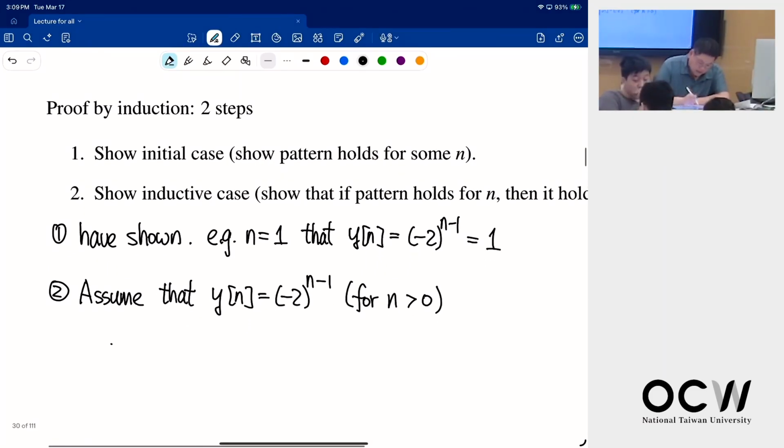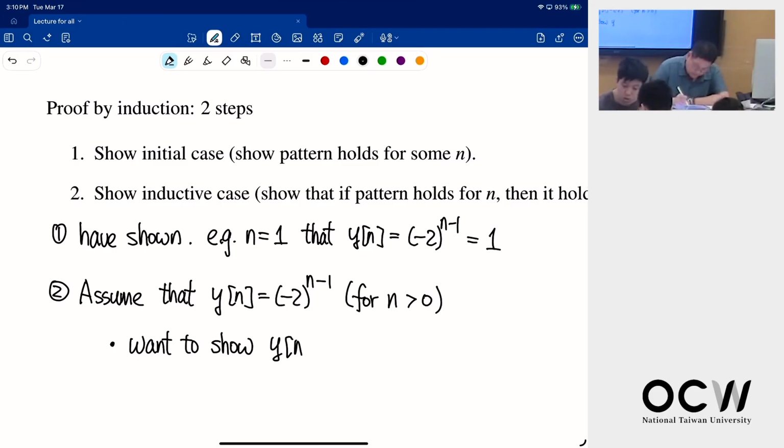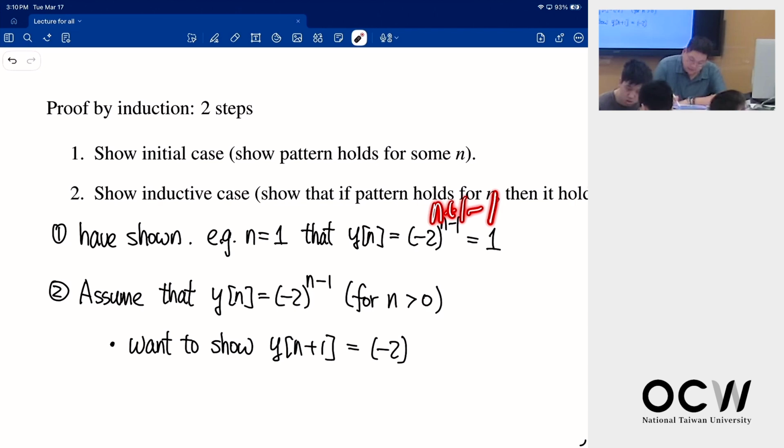Then we want to show y of n plus 1. So y of n plus 1 should be minus 2 to the n plus 1 minus 1, so it should be n.